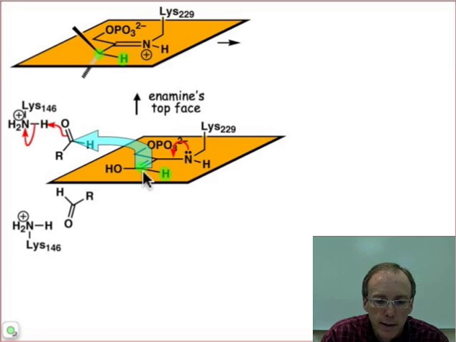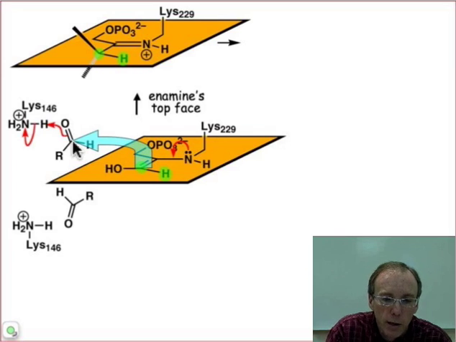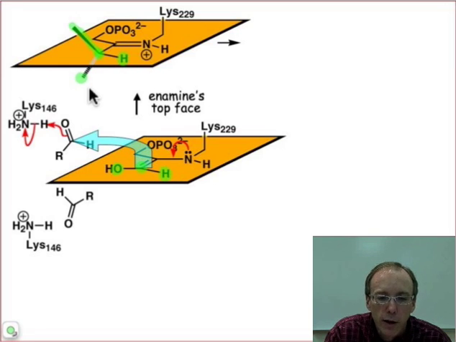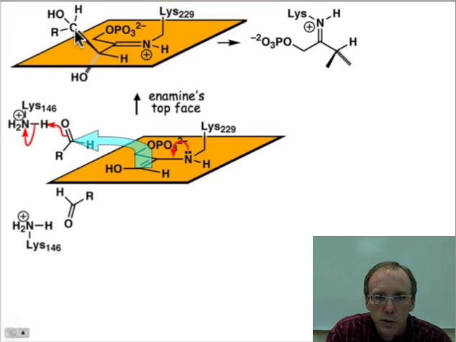If the attack is on the top, then the new carbon-carbon bond is this bond here, and the hydroxyl group will have dropped below the plane. So this tetrahedral carbon now has a hydroxyl group below the plane, and the new carbon-carbon bond, which was derived from the electrophilic carbon of the aldehyde, is on top.